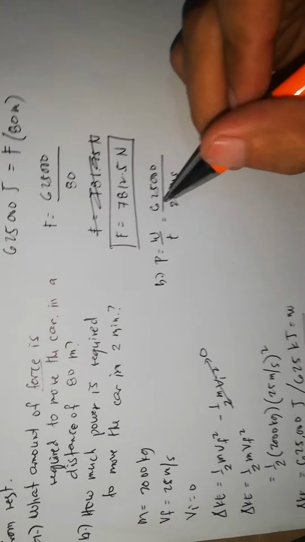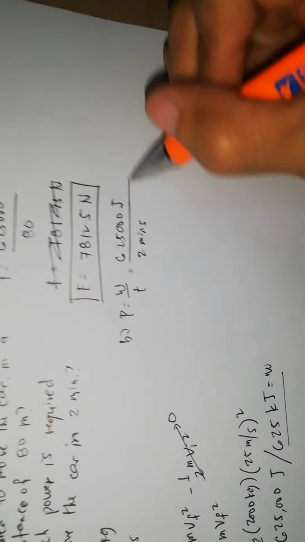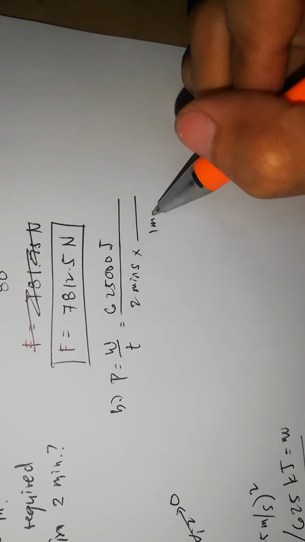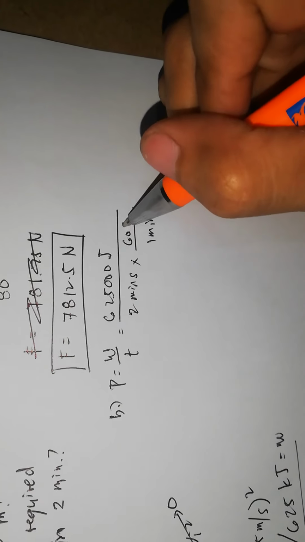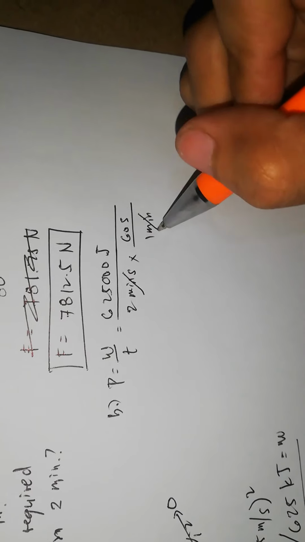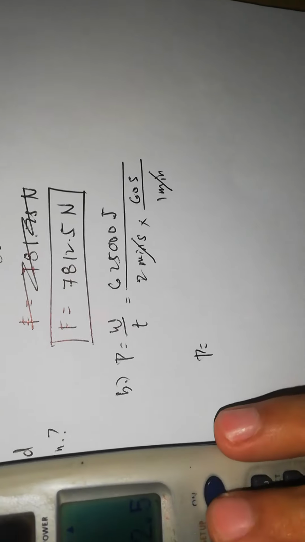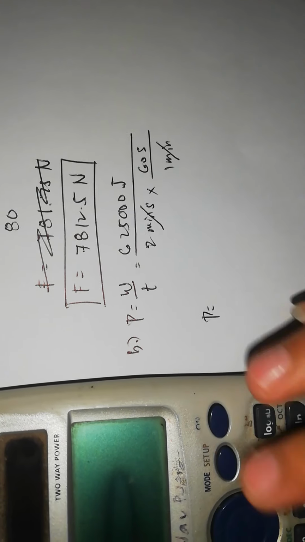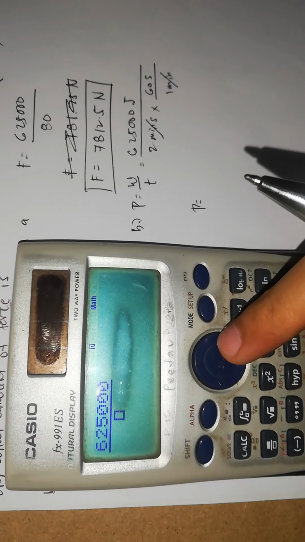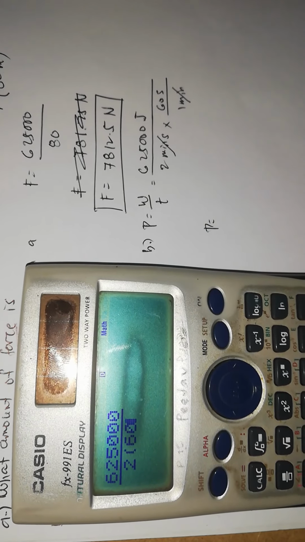So, unit natin for work is joules. So, times, in 1 minute, we have 60 seconds, okay? So, power is equal to 625,000 divided by 2 times 60.